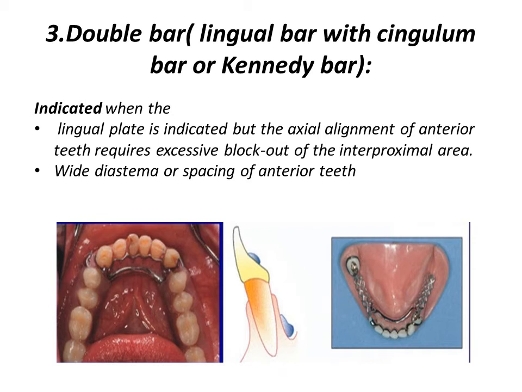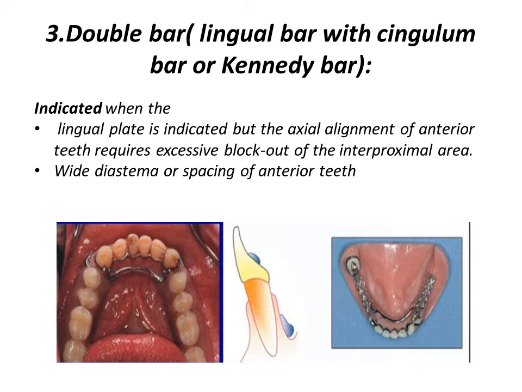Number 3 mandibular major connector: double bar, or lingual bar with cingulum bar, or Kennedy bar. Double bar consists of a lingual bar with another bar resting above the cingula of the anterior teeth, leaving the lingual surface of the teeth and the interproximal soft tissue exposed.